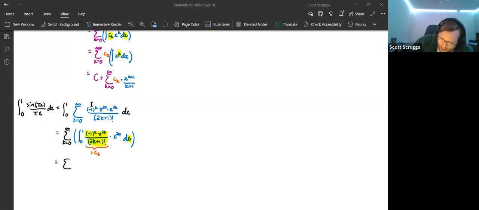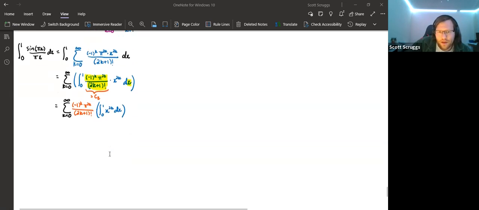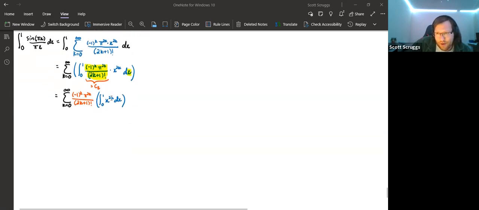Sum k equals 0 to infinity, my coefficients that do not have an x, times the integral of x^(2k) dx. I'm going to use the power rule on this, which says add 1 to the old exponent, giving me a new exponent, and then divide by the brand new exponent.